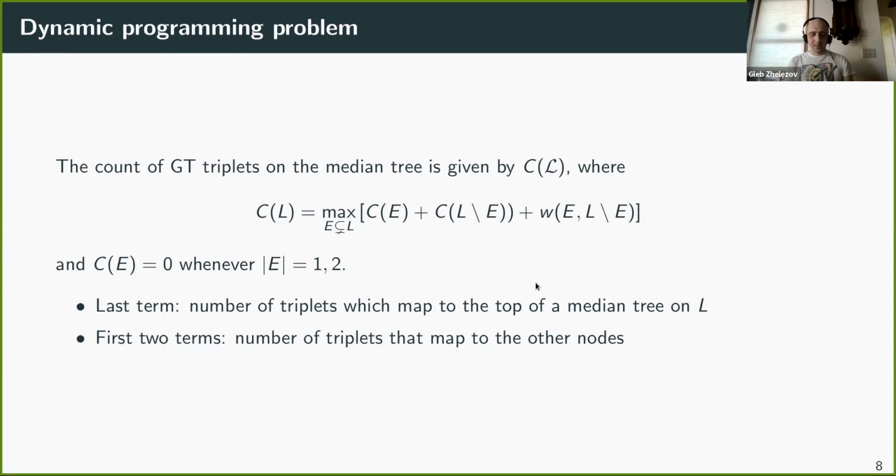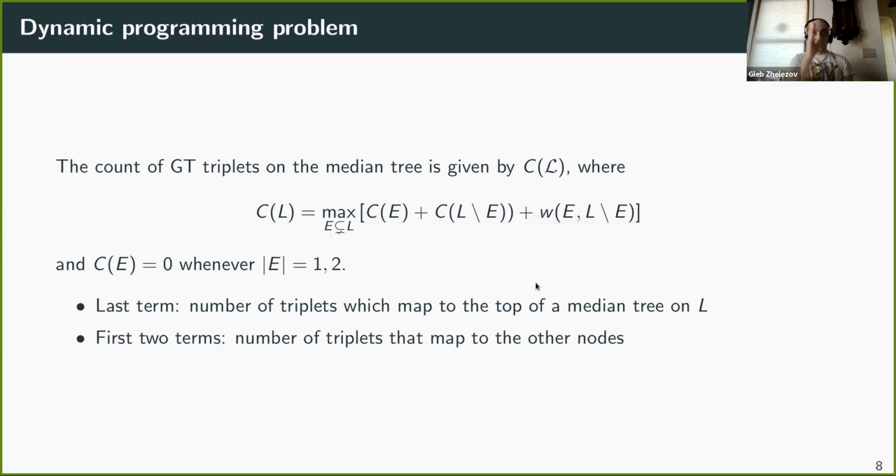And if we define C of L recursively like this, you put in the set of taxon labels, and you say that it has to be the maximum of the value of the same function evaluated at a subset of L and the complement of that set, plus the weight of this bipartition that I've created, right?